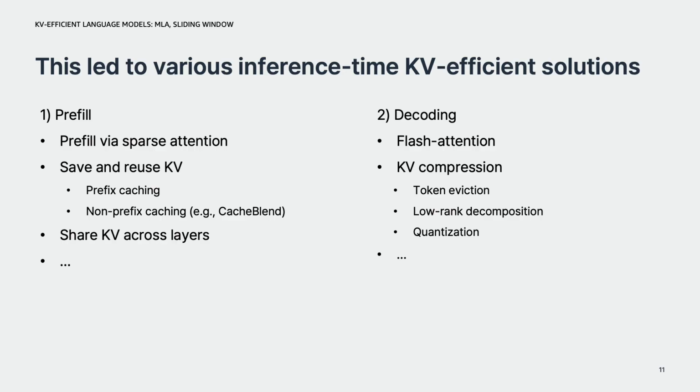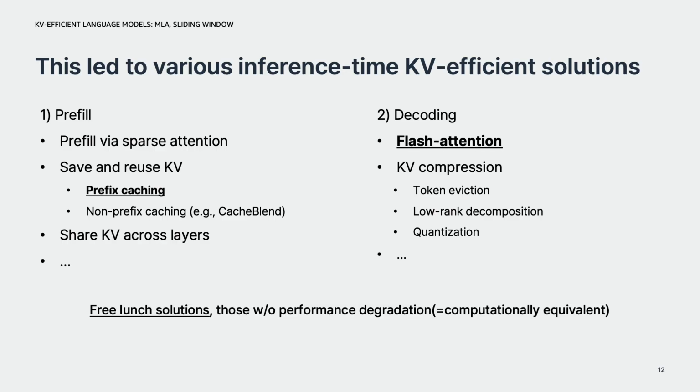Because the large KV size is the problem, many solutions try to compress the KV. For instance, we could evict the KV of certain tokens, or we could low-rank decompose the KV, or quantize the KV. Here I want to differentiate between the free lunch solutions and the others.